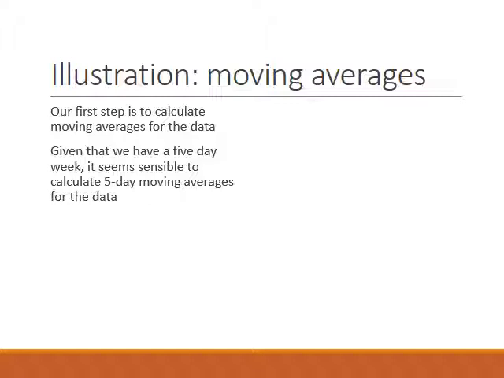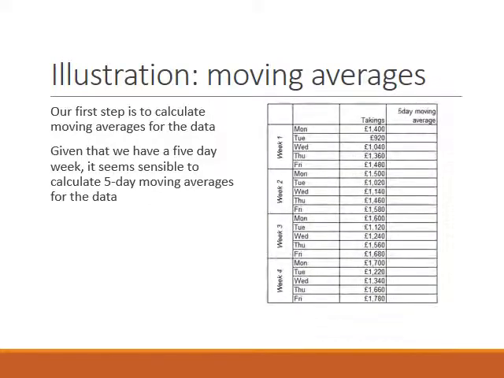Well, given that we have a 5-day working cycle, so a 5-day week, it's sensible that we're going to use a 5-day moving average. So we go back to our table of data and we'll add on an additional column headed 5-day moving average. And we'll now start calculating our moving averages.